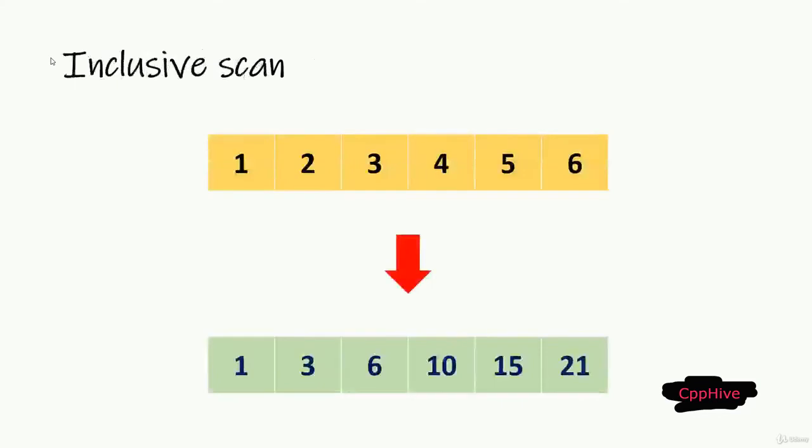In inclusive scan, to calculate the ith value in the output, we consider the ith element in the input as well. But for exclusive scan, we will not consider the ith value but all the values until the ith value in the input array. For example, this is our previous example, and the prefix sum we calculated here corresponds to inclusive scan.